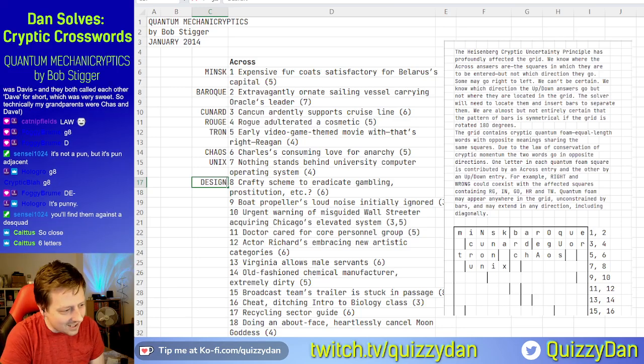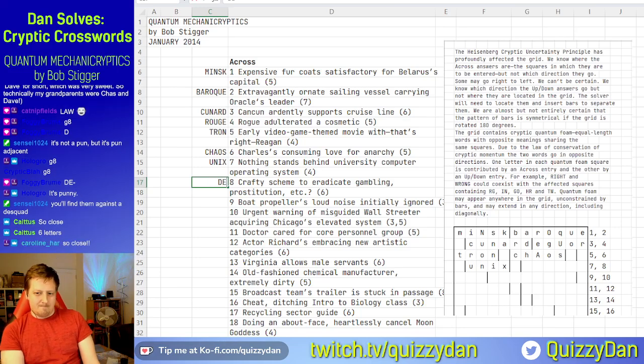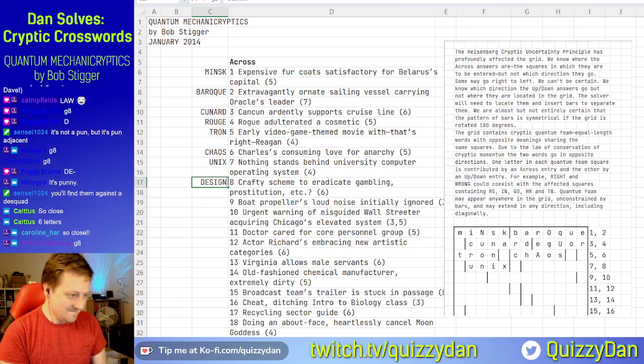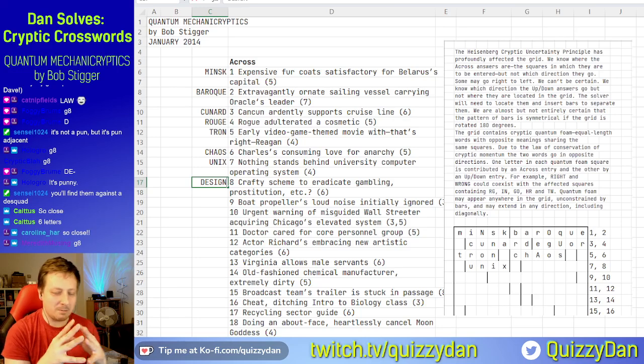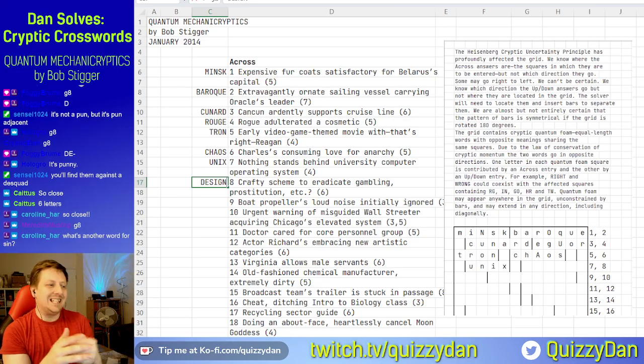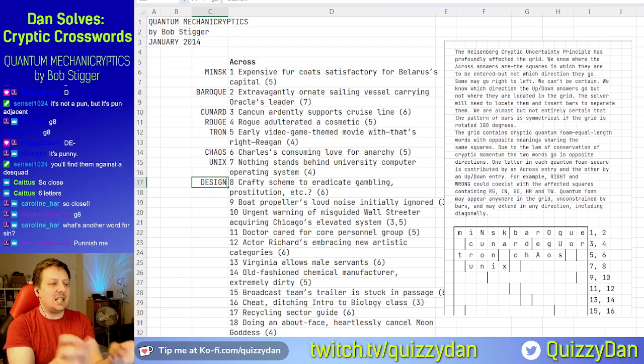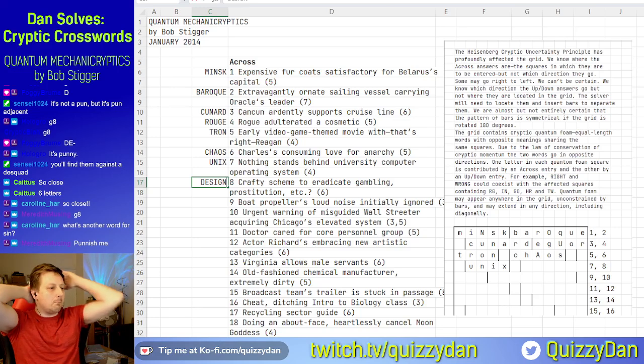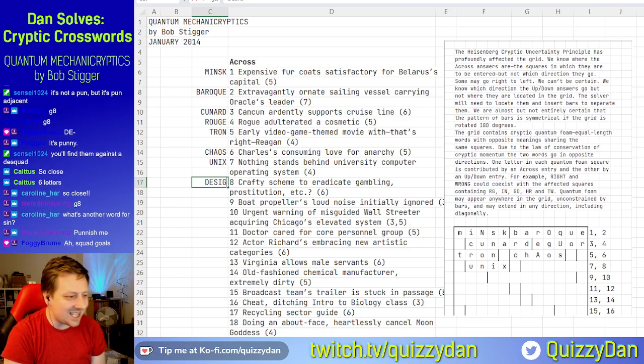Yeah, there's got to be something like design, because that's a crafty scheme, but that hasn't got... And it does have sin in it. But... I know it must be close. This must be very close. Because if you eradicate, you defenestrate, you know, something to get rid of something. Gambling. Desist.